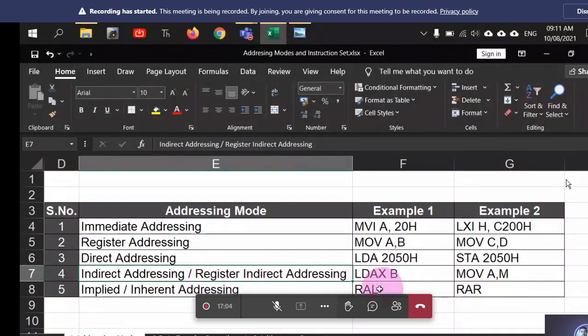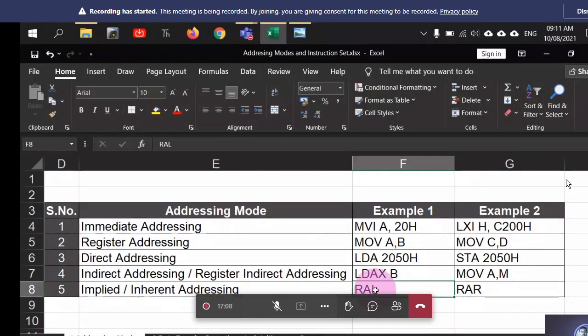Then RAL, we are going to study this instruction today. Since the accumulator will have a number, it can be treated as a binary number with combinations of ones and zeros. This RAL command will rotate the bits of the accumulator by one position to the left, right? So bit number 0 will become bit number 1, bit number 1 will become bit number 2, and so on and so forth.